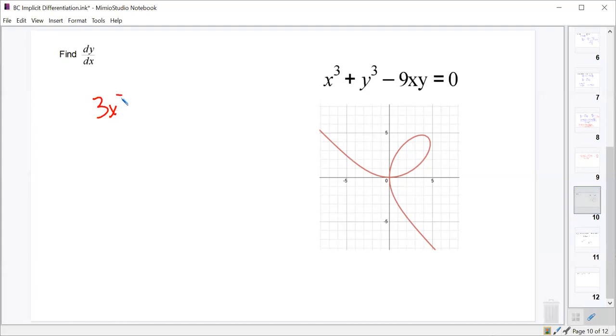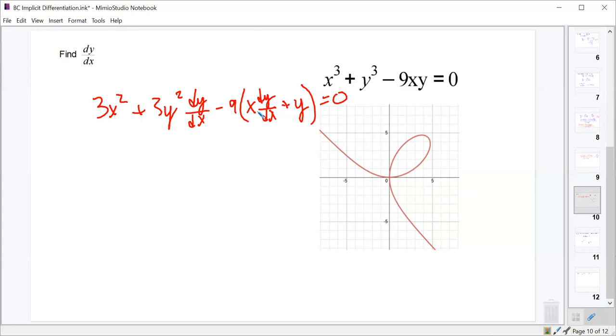Should get 3x squared plus 3y squared dy dx minus 9. And then we're going to do x times y. So that would be x dy dx plus y times the derivative of x equals 0.